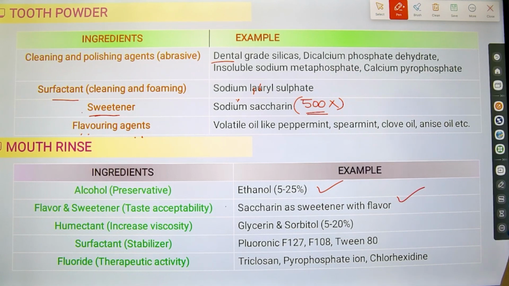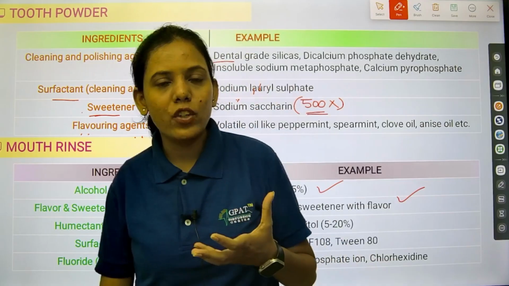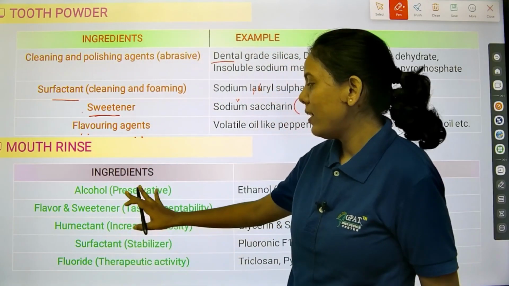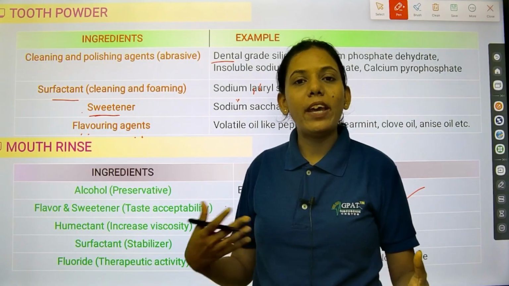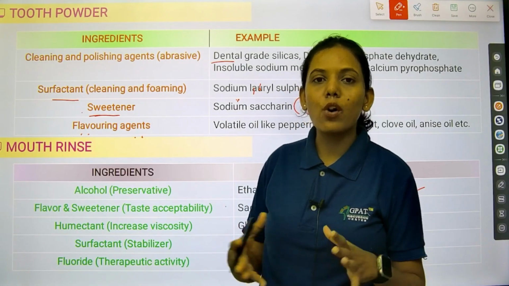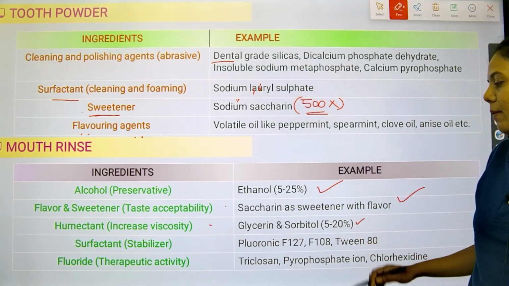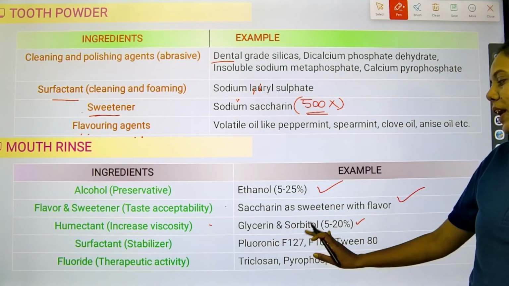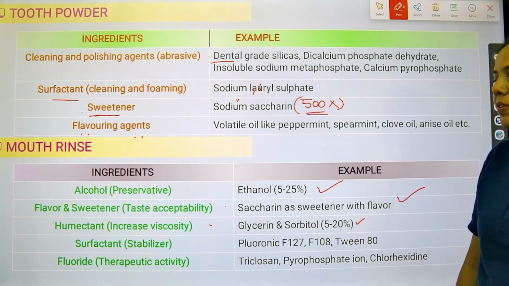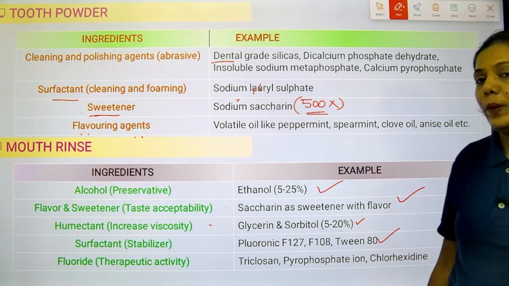Next is humectant. Here humectant is added not for prevention, because if only alcohol is present, it is first of all volatile and it will be very liquid. So to increase the viscosity, we add certain humectants. You can see sorbitol, glycerin, which are highly viscous liquids, and you can add 5 to 20%. Next is surfactant, again pluronic F127, F108, Tween 80.